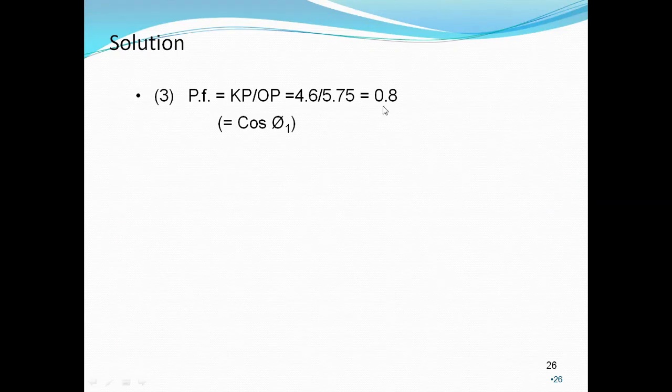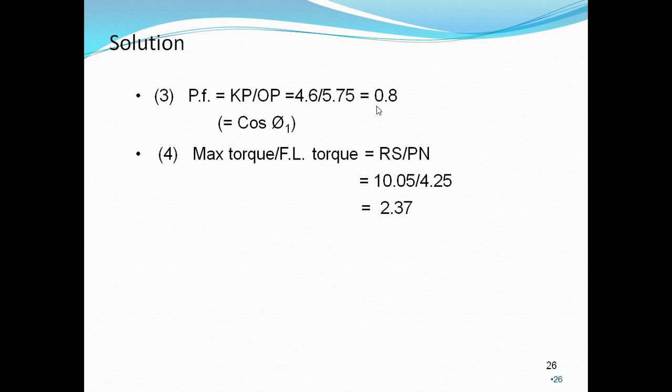So next, power factor. Power factor we can directly measure phi and take cos of this angle. Otherwise, Kp by OP. Measure Kp, that is 4.6, and OP, that is 5.75. That is equal to 0.8.